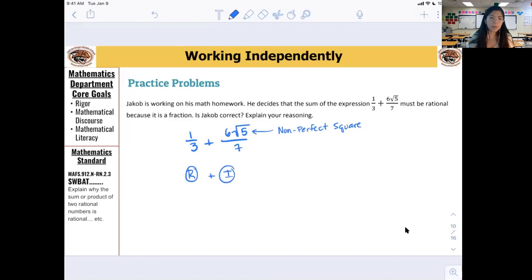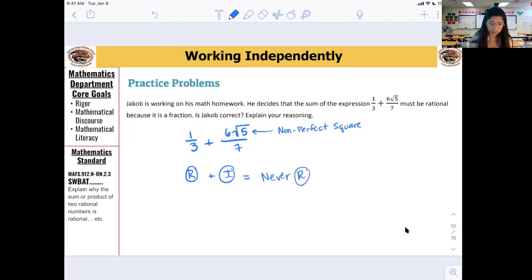So we already know rational plus irrational, what's that going to be? We wrote it down. What does that give me? Never rational.